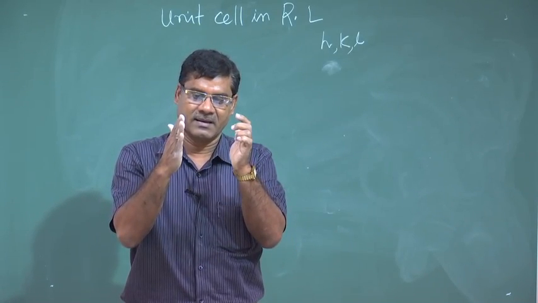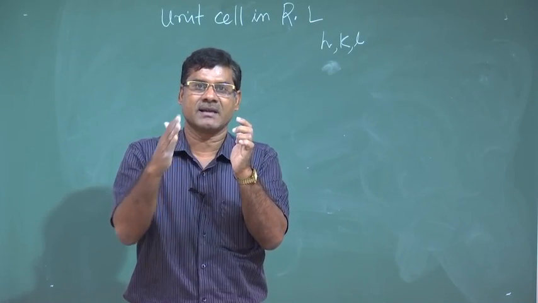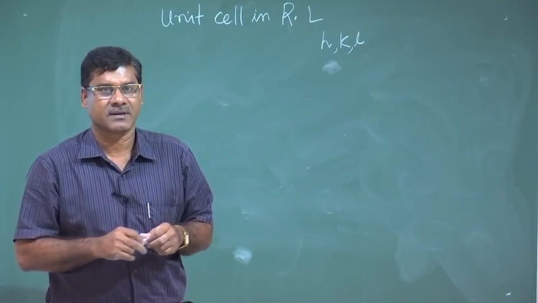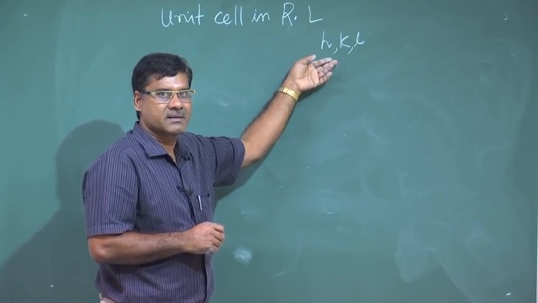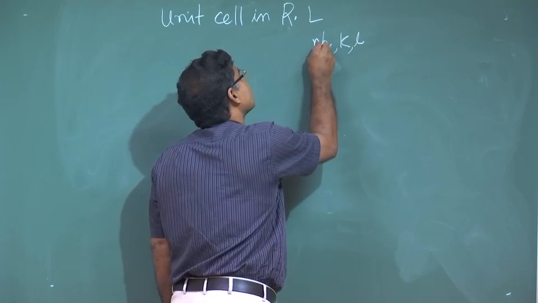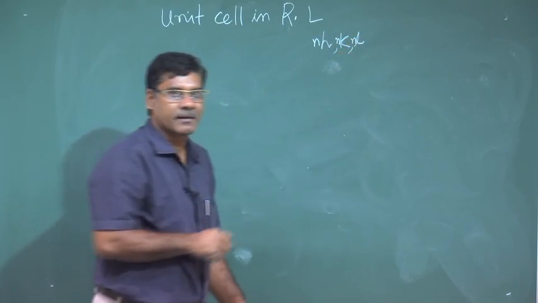So whatever the half distance in direct lattice, here it will be double, just because of the inverse or reciprocal of the distance, right. So that is why we include the common factor n here.